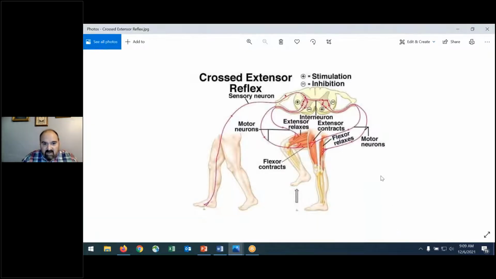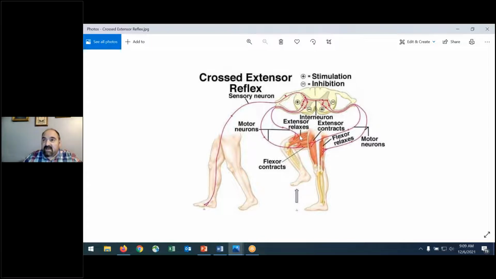On the same leg, if flexors contract, we have to then inhibit the extensors on that leg, right? But opposite, right?